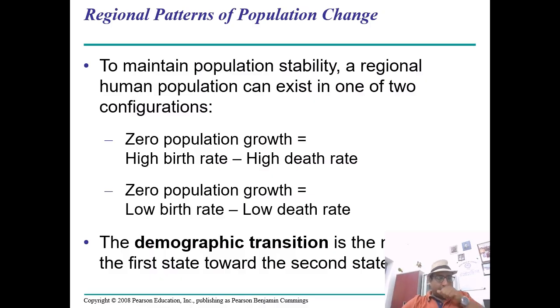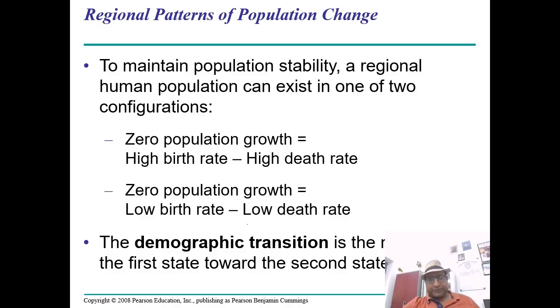If high birth rate is equivalent to high death rate, there will be zero population growth. Another one is low birth rate and low death rate. Again, there is zero population growth. Means in both cases, the birth rate and death rate are matched.